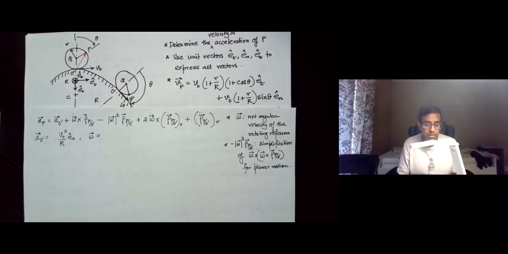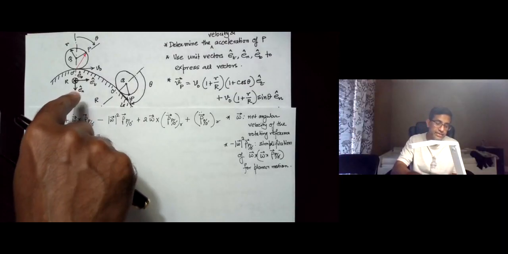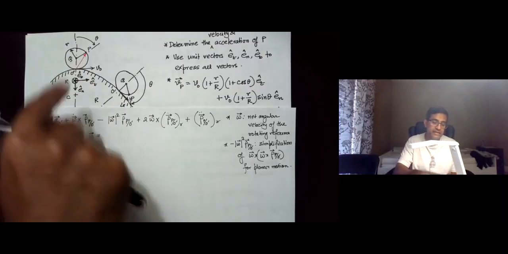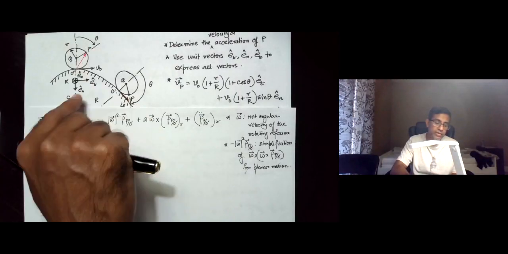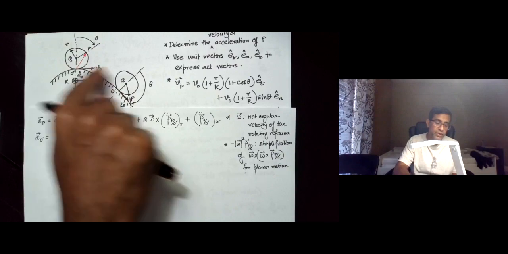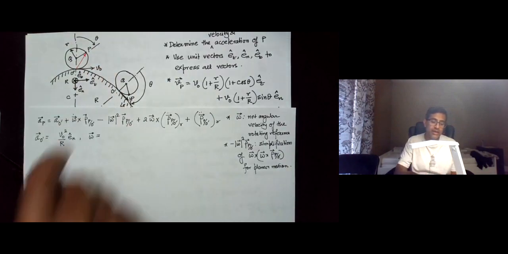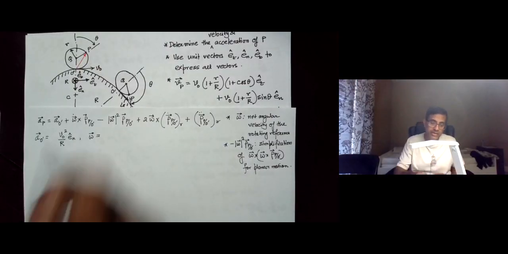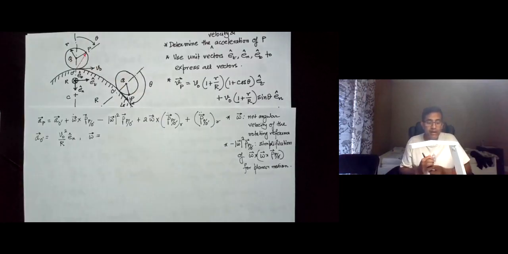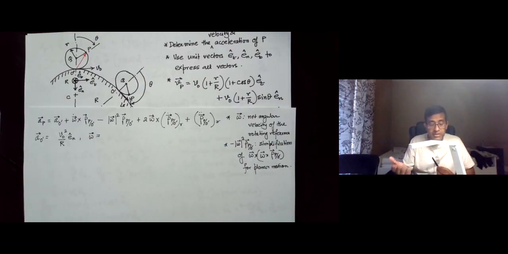Well, that's simple, because at this instant CQ is turning with C as the center, so the angular velocity, since V naught is a constant velocity, is V naught divided by capital R. That is the instantaneous angular velocity, because R is changing.